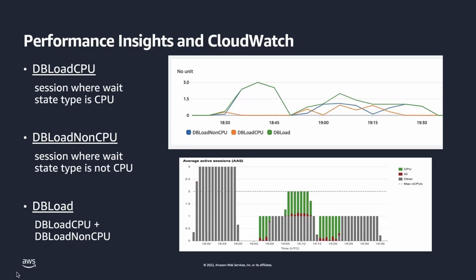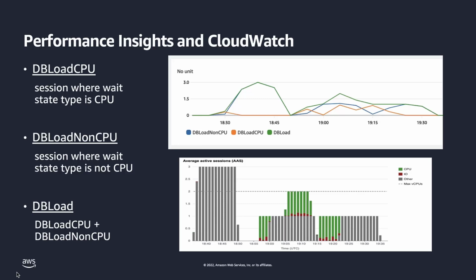The last thing I want to talk about is Performance Insights and CloudWatch. Performance Insights does publish 3 CloudWatch metrics. The first of those is DB load CPU. This is the number of average active sessions where it is waiting on CPU. Another way to think of this is these are the number of average active sessions where the query is being executed as consuming CPU resources.